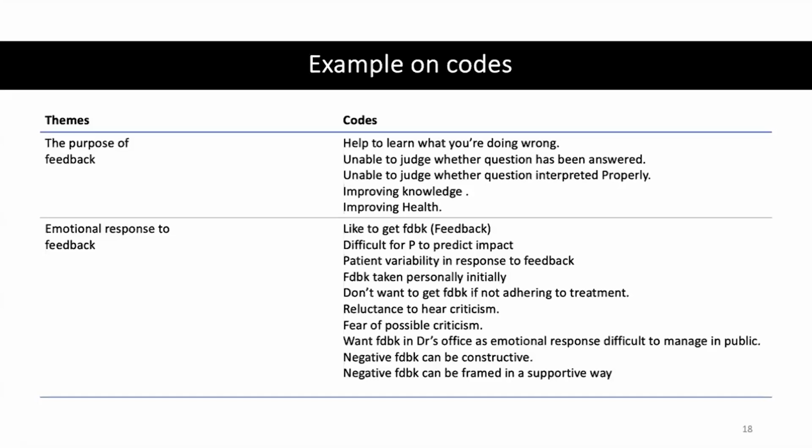But this is how you'd want to categorize or arrange your data so that it's much clearer to see how many of these codes are coming up several times. And this will help you fully understand whether this is something of interest and something that you should be reporting on.